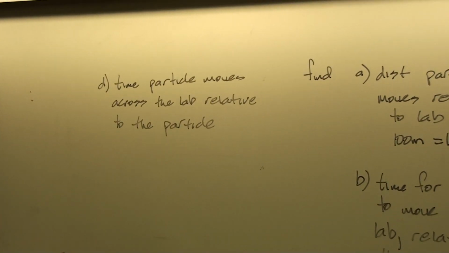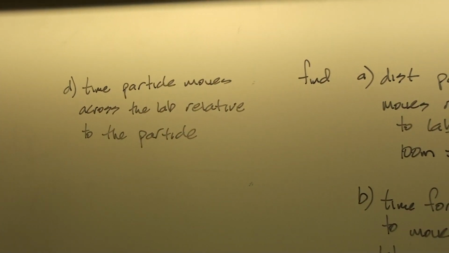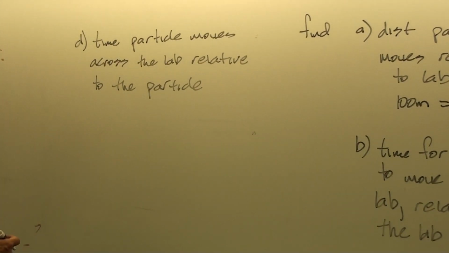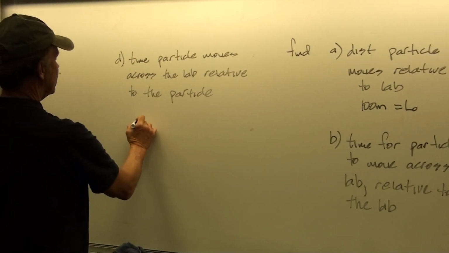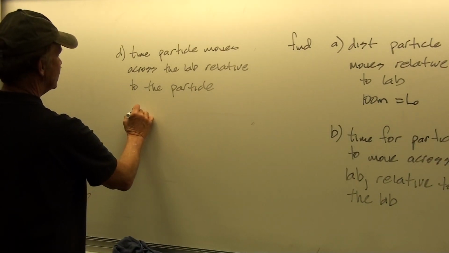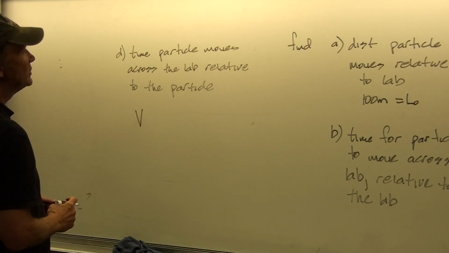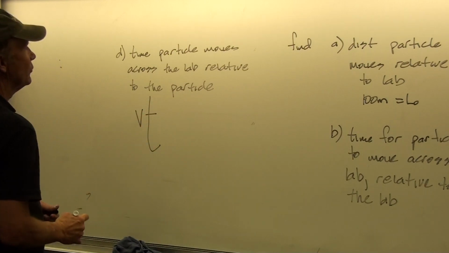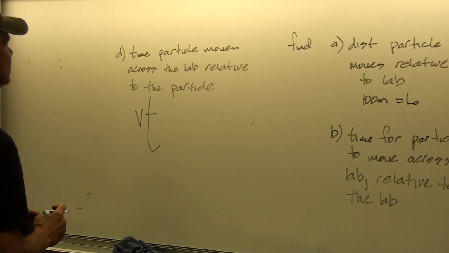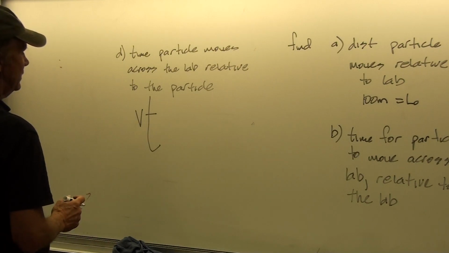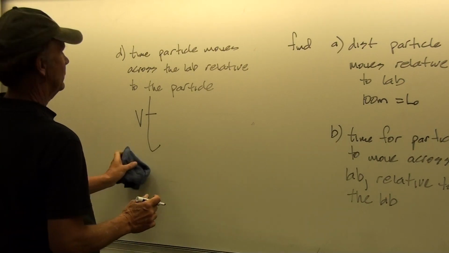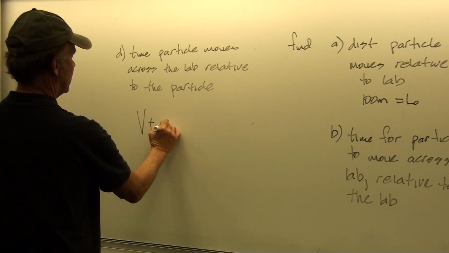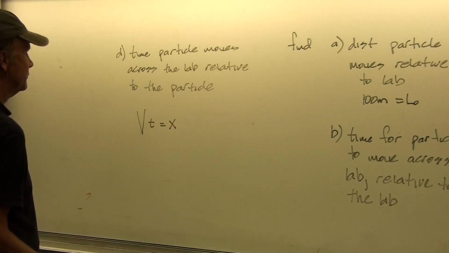How much time is elapsing on the particle's clock as the lab moves across the particle? And so the answer there is that you have rate, which is the velocity, times the time. Now this is going to be an expanded time. I'm sorry, there's going to be a contracted time. Whoops. This is velocity times contracted time equals contracted length.